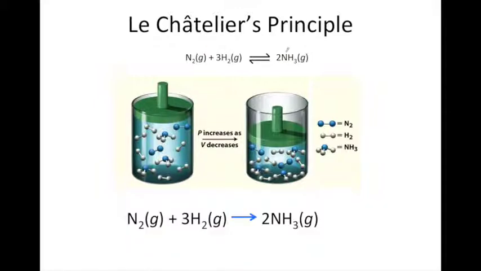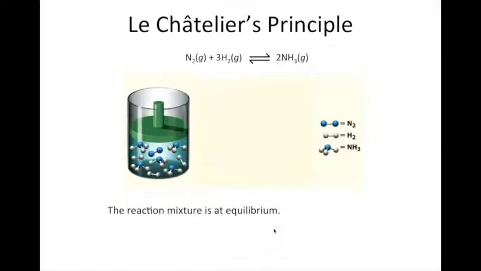Well, our reaction will shift from left to right because we have fewer moles on the product side compared to the reactant side. So in this example, we have a reaction at equilibrium. We increase the pressure and therefore decrease the volume. Our reaction will shift from left to right because it's shifting towards the side with fewer moles of gas. Let's take a look at another example.